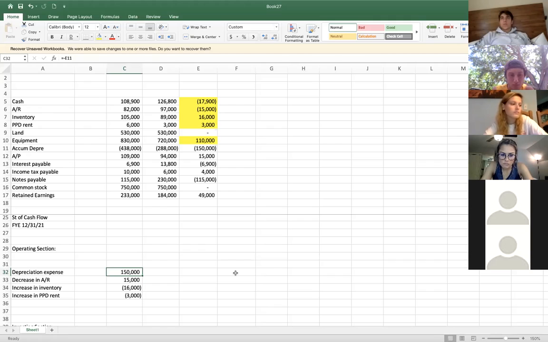What was the first type of adjustment that you had of the 3? Remove non-cash items, which depreciation is considered a non-cash item. Good, DJ, it's considered a non-cash item. Did depreciation expense use cash?